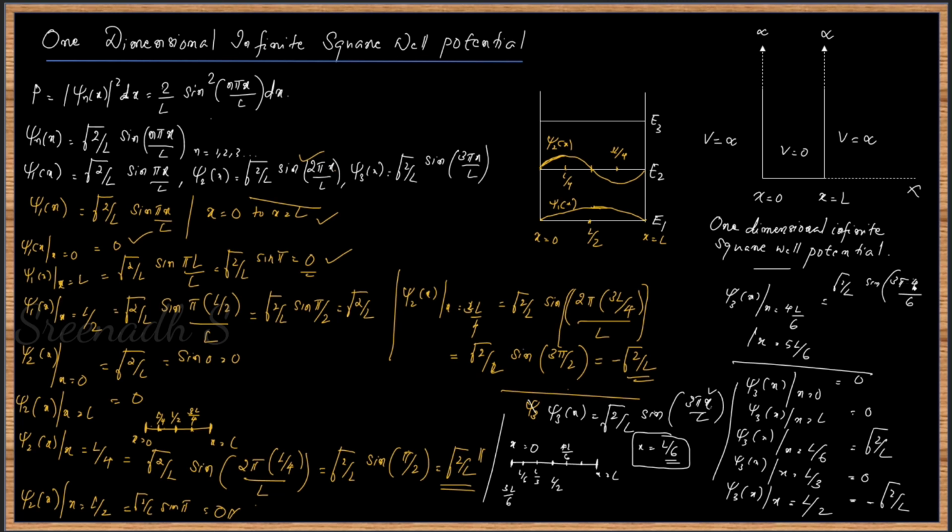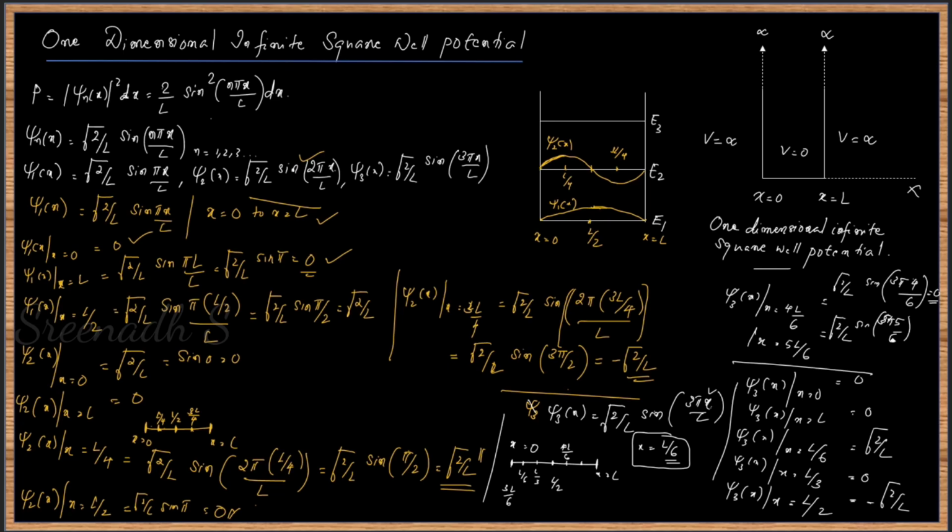Similarly, at x equal to 5L by 6, what will be the value? Square root of 2 by L sin of 3 pi times 5 by 6, which is 5 pi by 2.